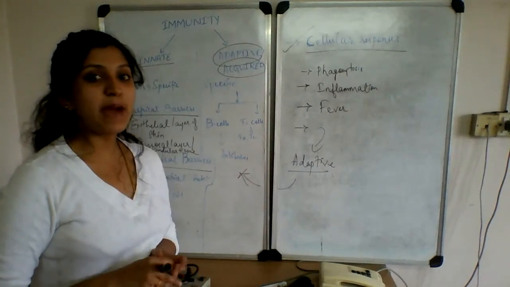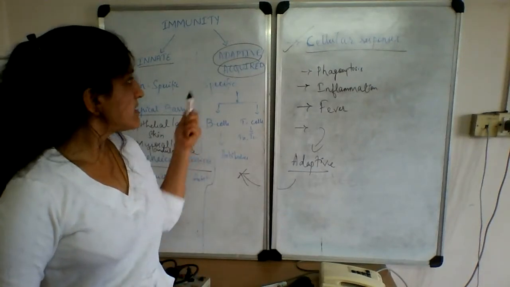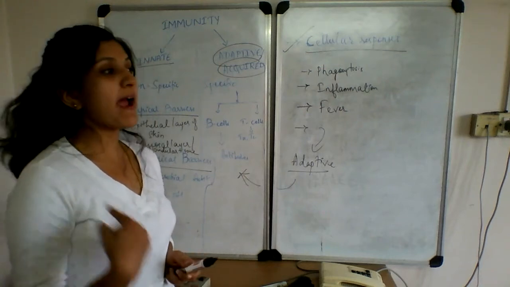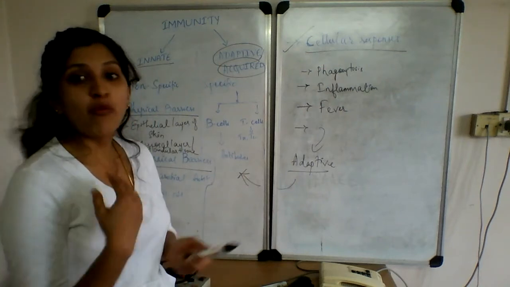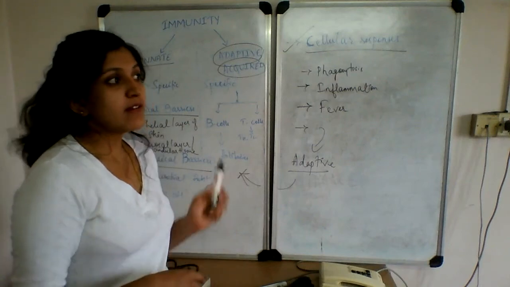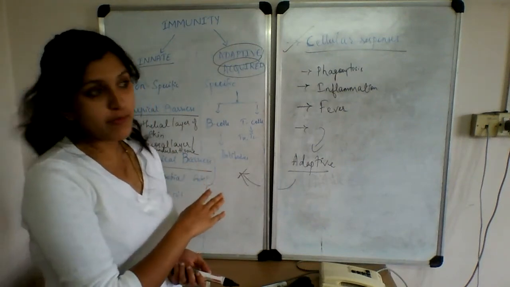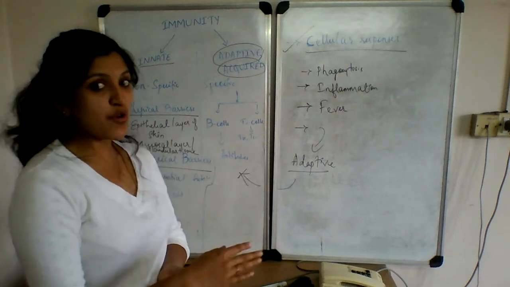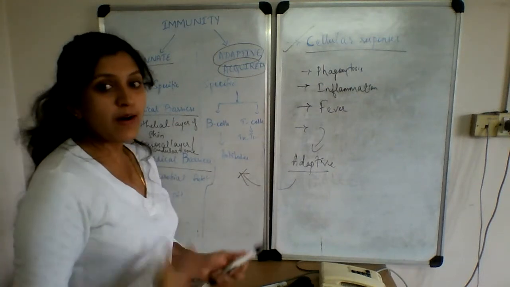In adaptive immunity, this mechanism is able to recognize, overcome and remember the pathogen. Once a microbe has entered, adaptive immunity will kill the microorganism, but it takes a lot of days to act.